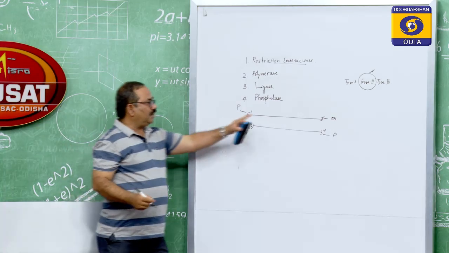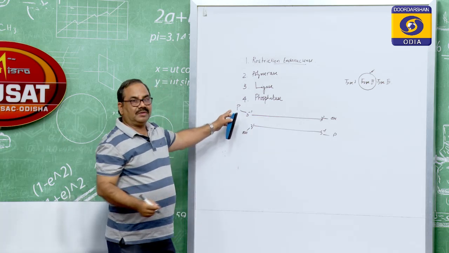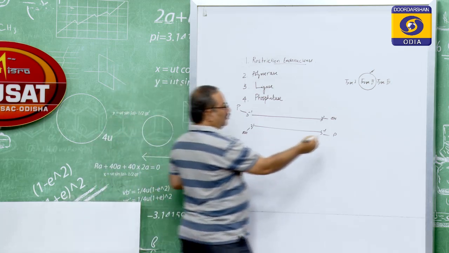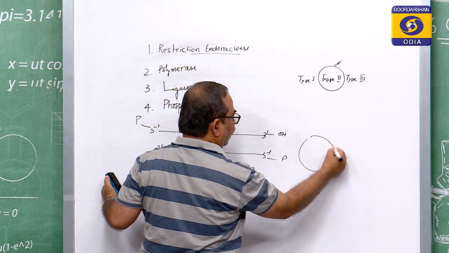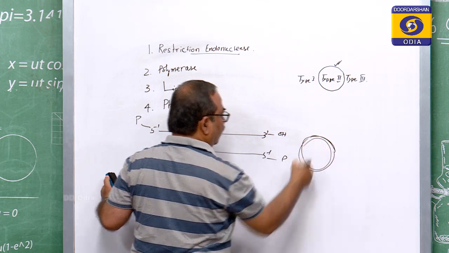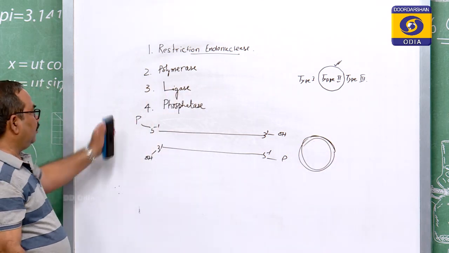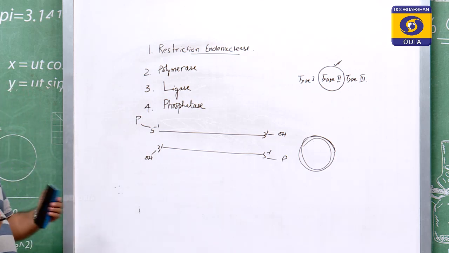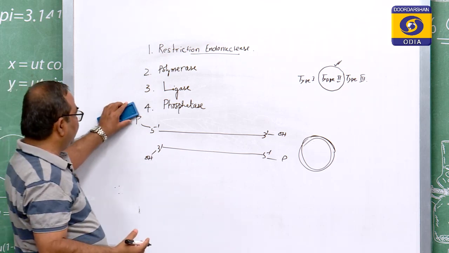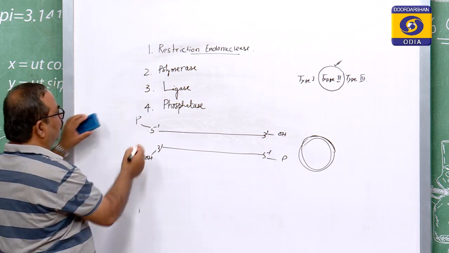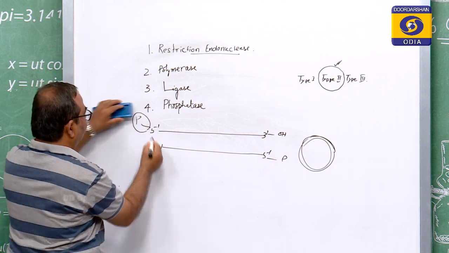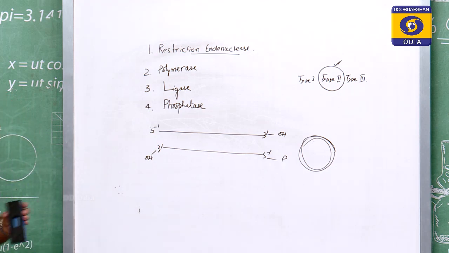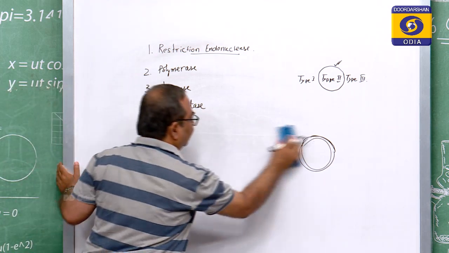And once the ends are having phosphate and OH group, there is possibility that they are going to join. They may form a circular DNA, or wherever there will be possibility they will be joining. When we want to manipulate it and it is going to join, it may not be easy for us to manipulate. So, what we do is remove this phosphate from here, and if we do it, then it cannot join with the other side. So, this is how the phosphatase works.